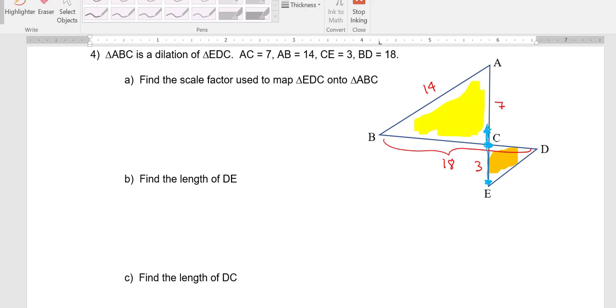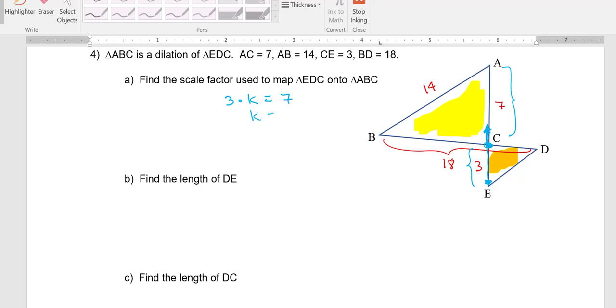And you can see that this scale factor is going to be bigger than 1 because this amount 7 here is bigger than the original amount, which is 3. Keeping in mind that what we usually do is take the 3, which is the original amount, multiply it by the scale factor, and you will get the new amount, which is 7.